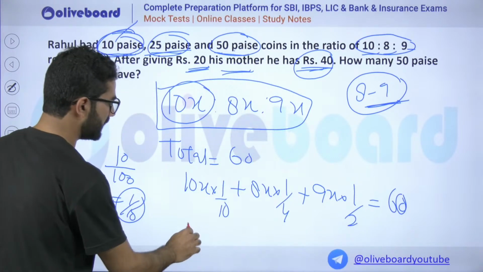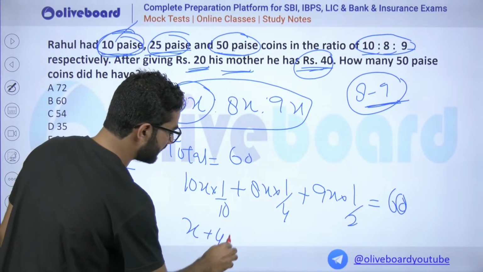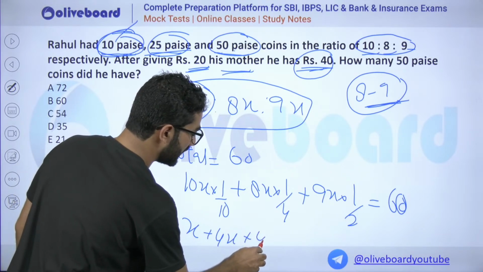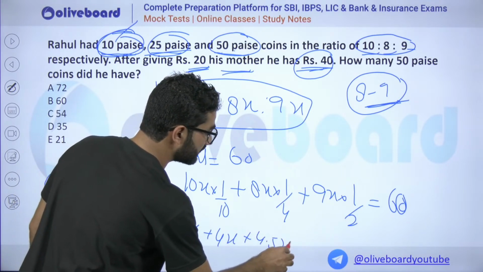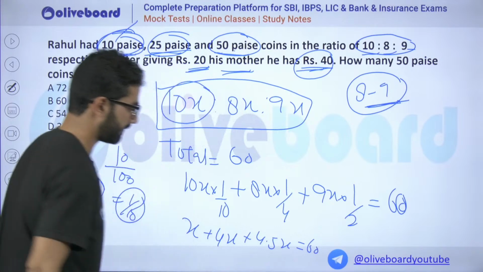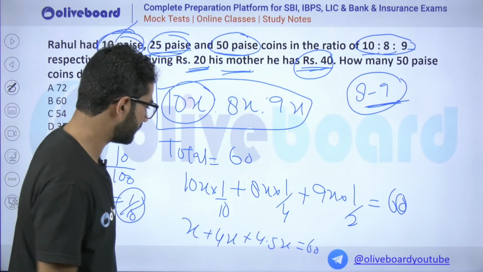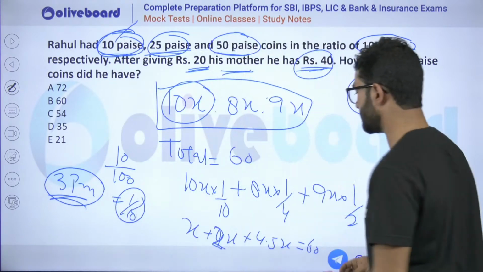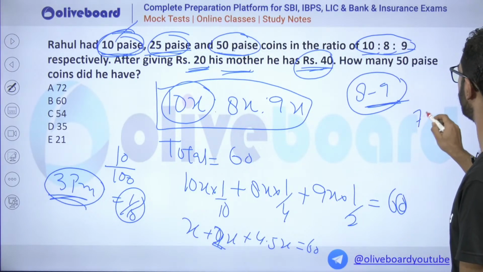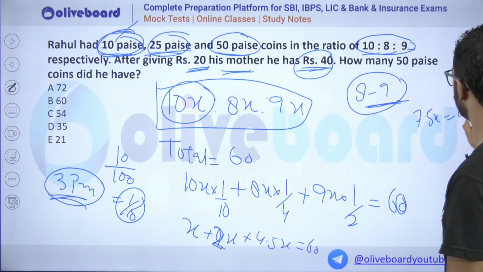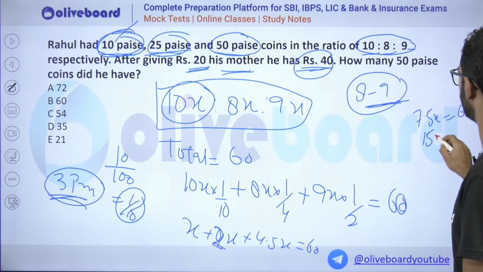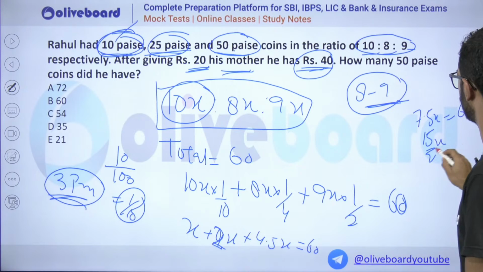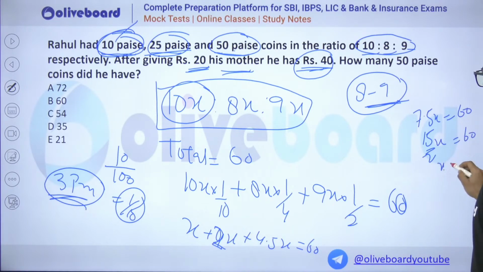Now it will be x plus 2x plus 4.5x, that is 7.5x, which is 15/2 x, and that is equal to 60. So x will be 120/15, which is nothing but 8.